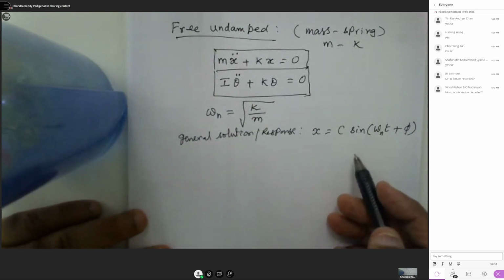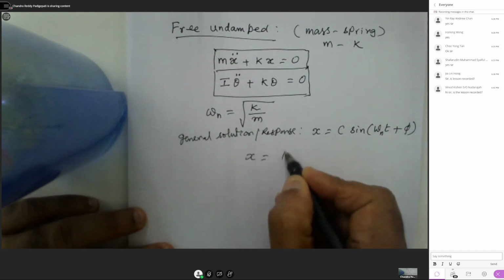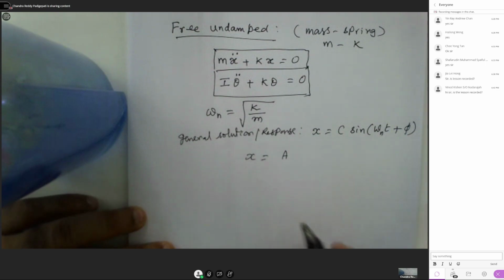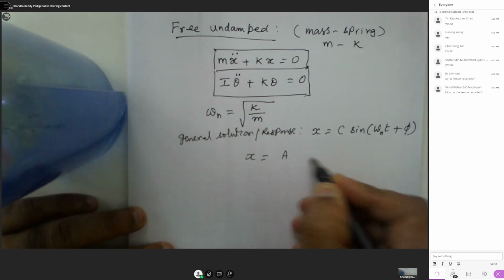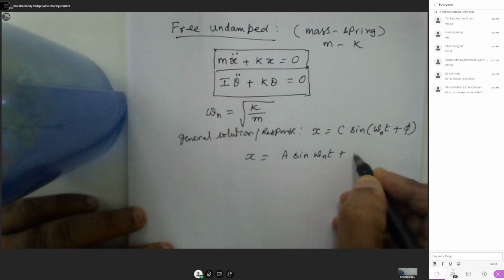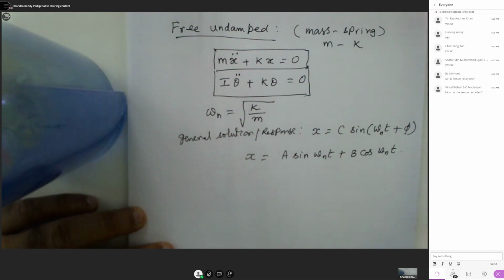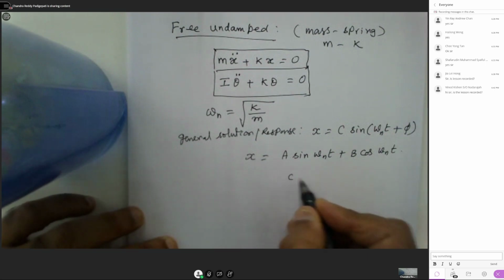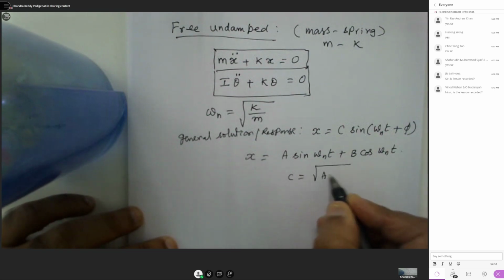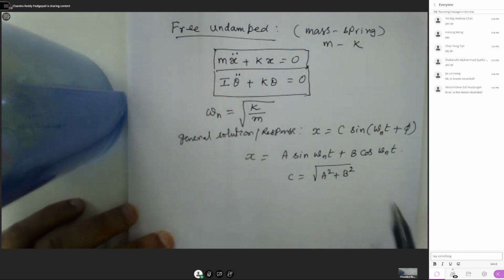Where c is a constant, we can also write this response x, by taking both cosine and sine terms, as a sine omega n t plus b cos omega n t, where this c can be written as square root of a square plus b square. So a and b are again two different constants, and we can solve for a and b by applying the initial conditions.